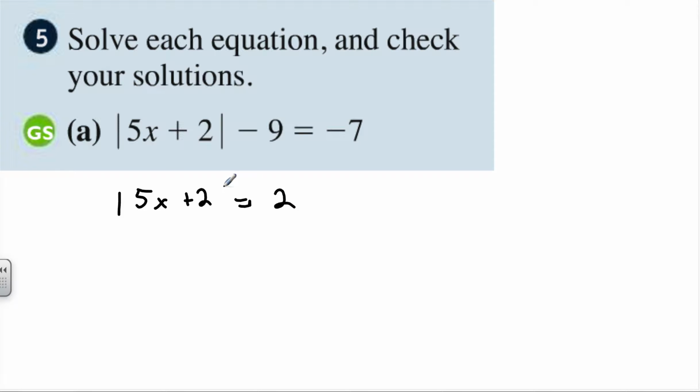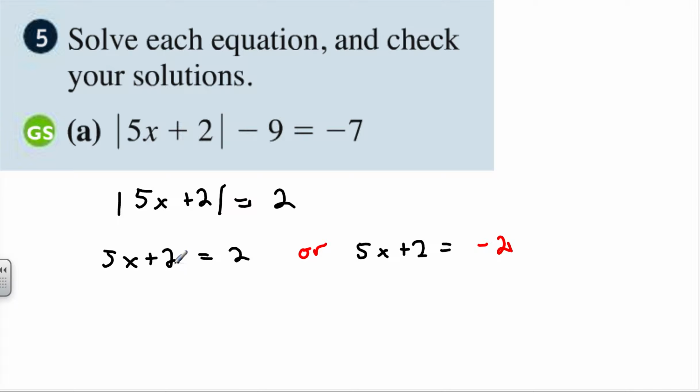Okay. So now we have the absolute value by itself. So we say 5x plus 2 equals 2. Then we say or 5x plus 2 equals negative 2.